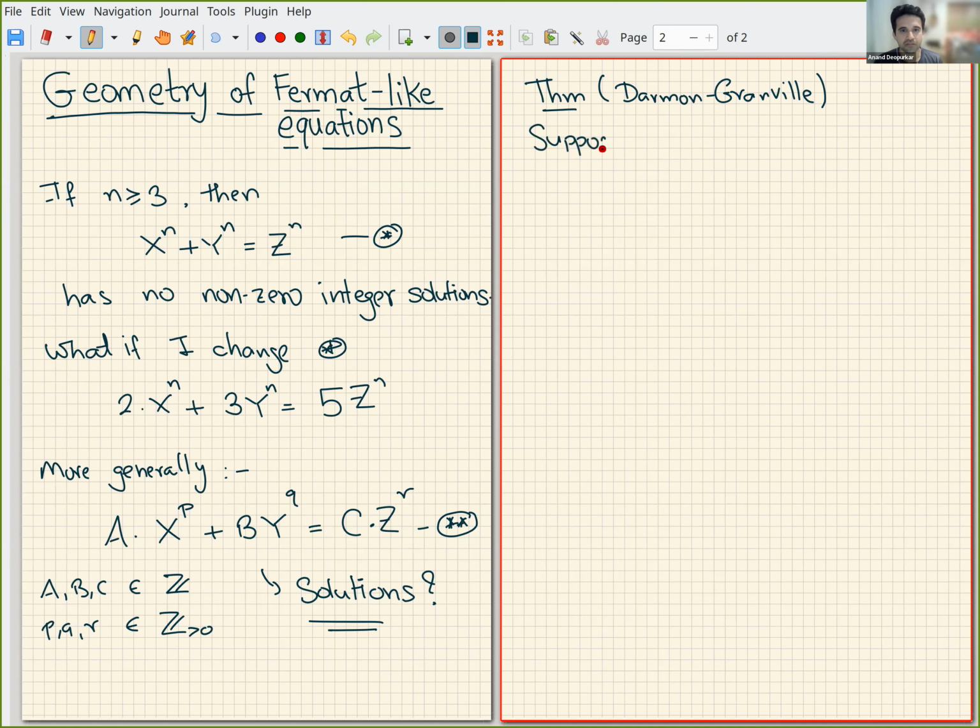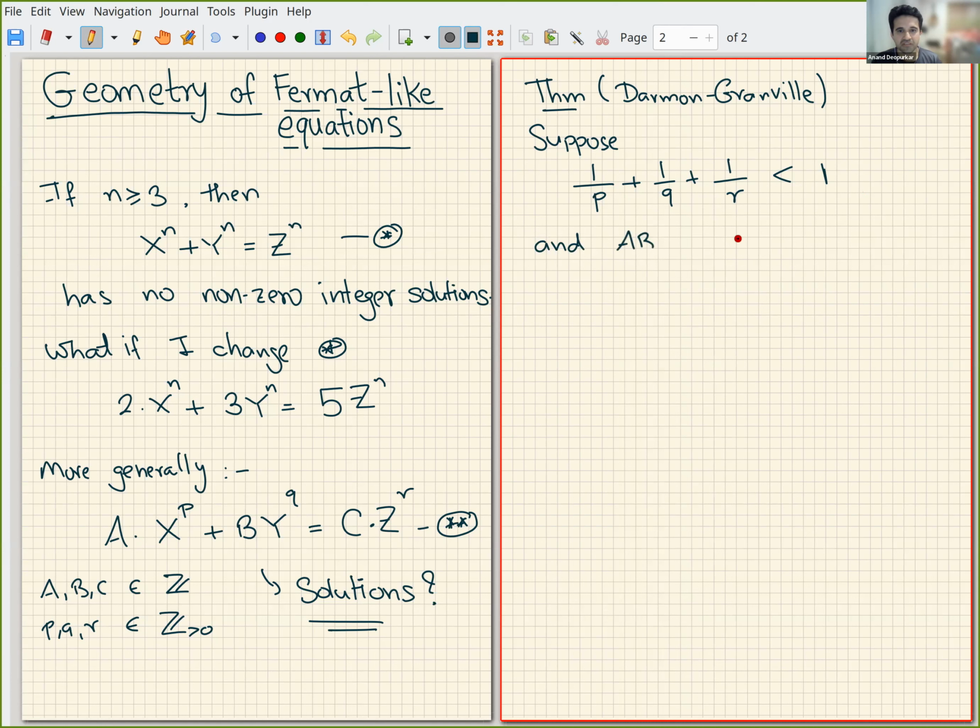Suppose the reciprocal of p plus the reciprocal of q plus the reciprocal of r is less than 1. This will be true for almost all p, q, r. The p, q, r that do not satisfy this condition are few. I mean, there's still infinitely many triples, but they're not that many. Then, oh, and a, b, c are non-zero. Let me also write that: abc is not 0.